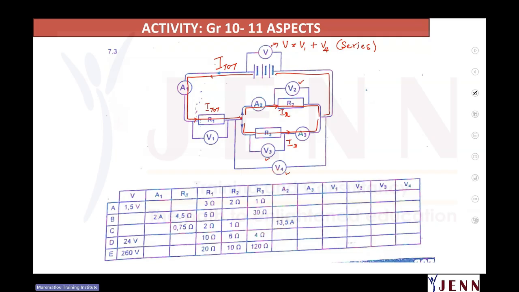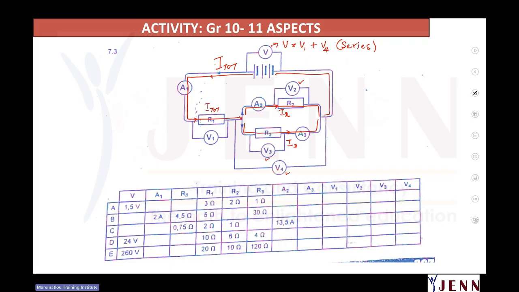So the effective resistance of the parallel connection is connected in series to R1, which is why the EMF of the circuit, V, will be equal to the sum of the potential difference in V1 and V4. The moment we see that, we can see that all of the questions are answered for us.